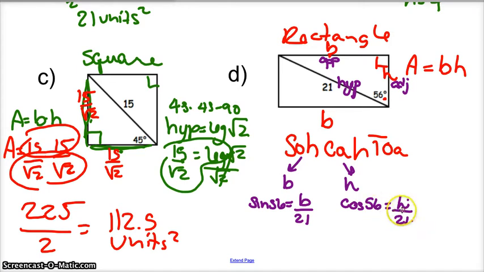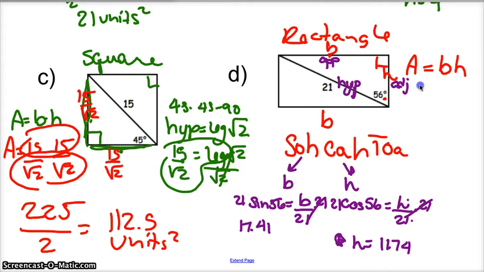In order to get the H by itself, multiplying both sides by 21, grab those calculators. 21 times the cosine of 56, I ended up with H being 11.74. To get the B by itself, also multiplying both sides by 21. 21 times the sine of 56, I know that looks goofy, but it is a 5, 56 is 17.41.